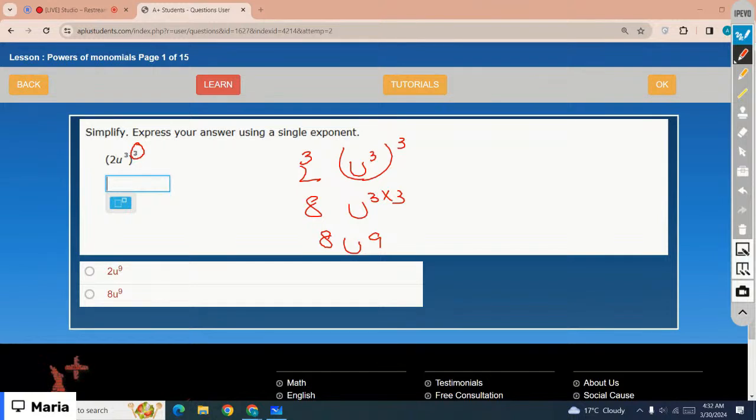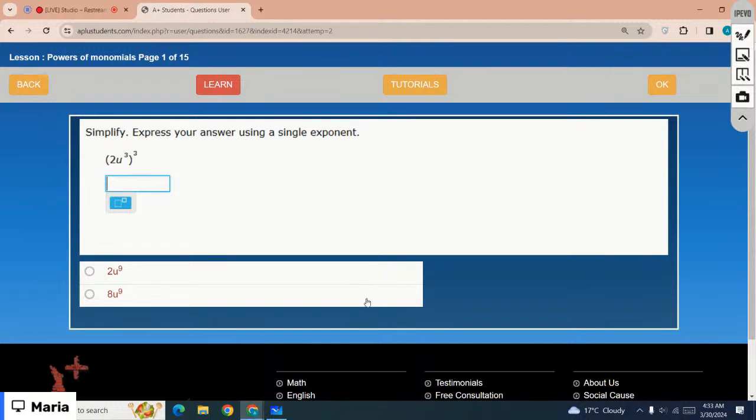The correct option is 8u9, right? Option number 2 is the correct option.